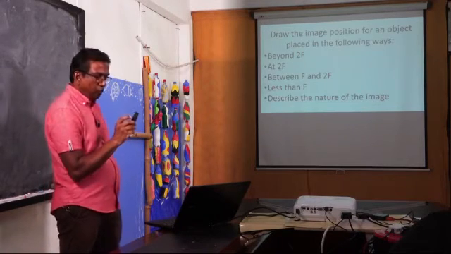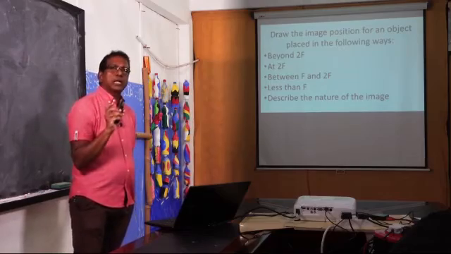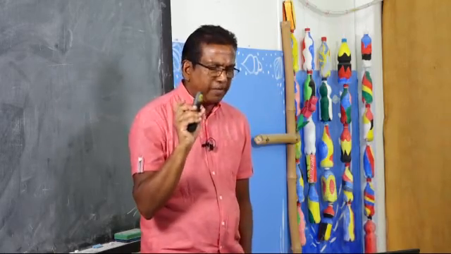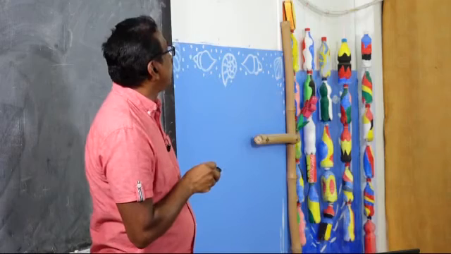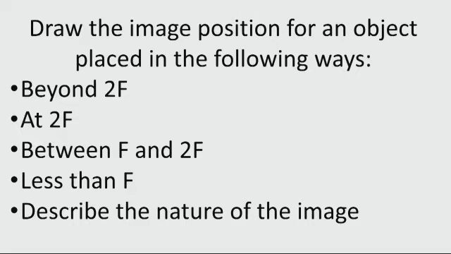Now, I want you to practice this at home. Just the 3 steps I gave you. You will try to draw the image position of an object placed in the following ways: beyond 2F, 2F, between F and 2F, less than F. What do I mean?